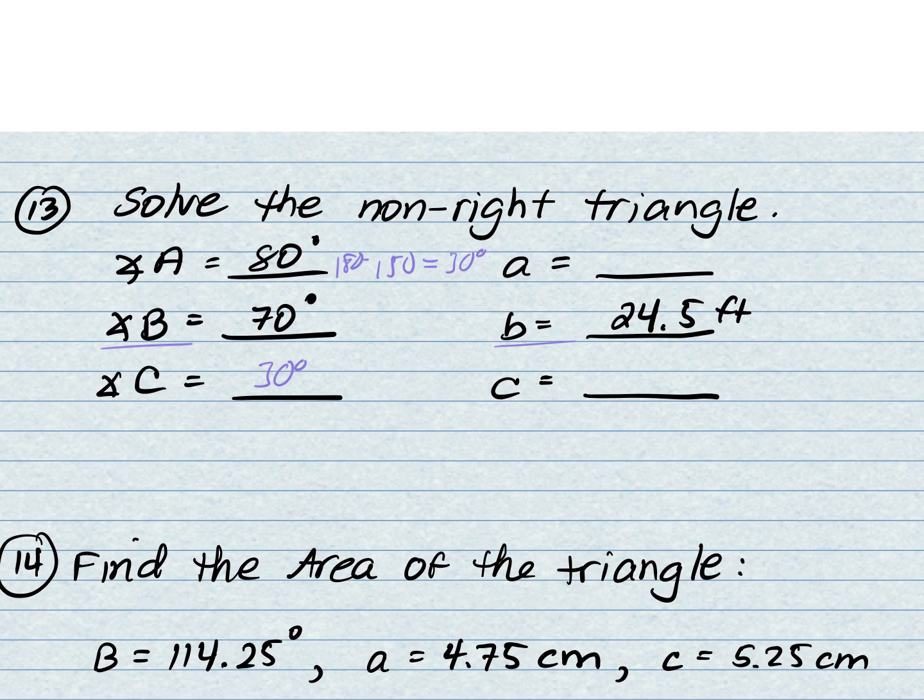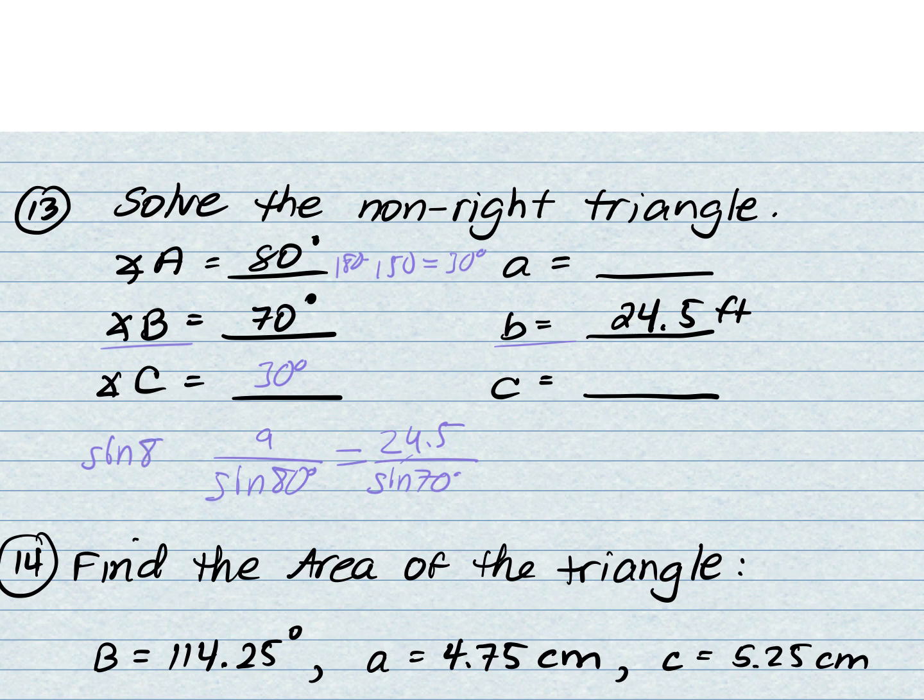So let's start with angle A, or side A. So I can do A over sine 80 is B over sine B, so 24.5 over sine of 70.